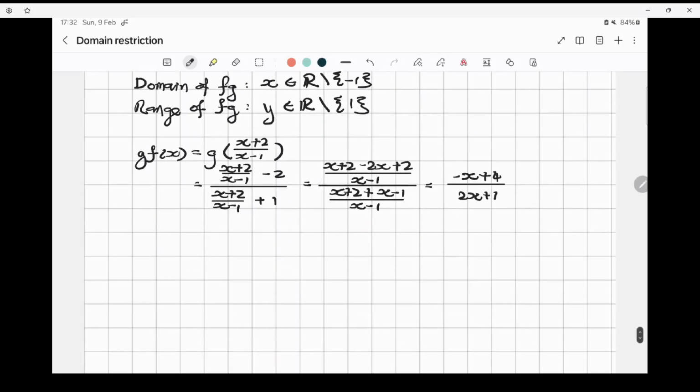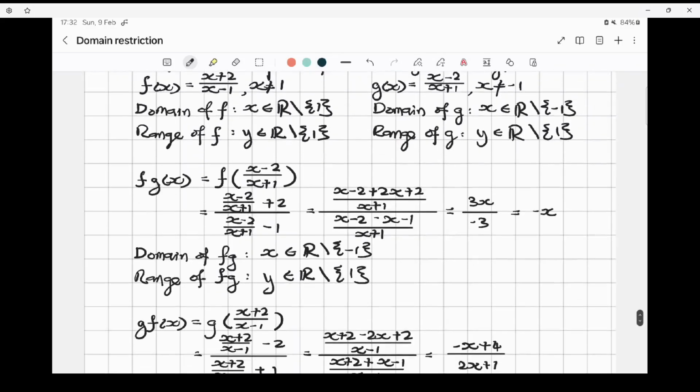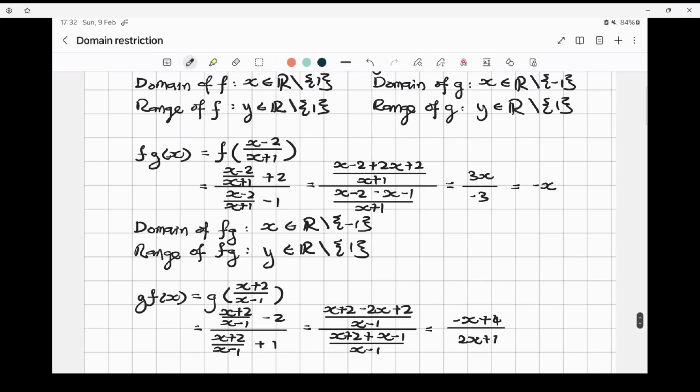Okay, so now let's study the domain and the range for the first function. So the range of f is actually not a subset of the domain of g, because for the domain of g you need to exclude minus 1. The range of f you can have minus 1 because what you need to exclude is 1.